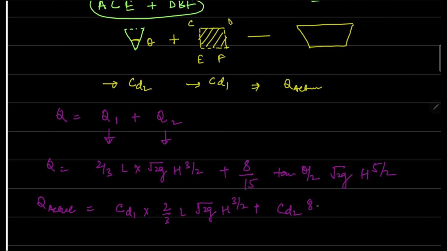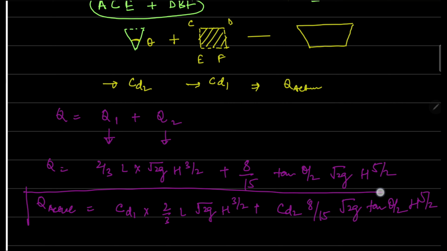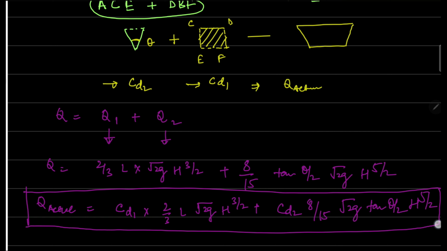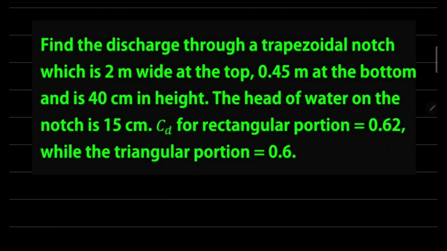This is CD2 multiplied by 8 by 15 under root 2g tan theta by 2 h raised to the power 5 by 2. So this will give you the expression of the trapezoidal shaped weir.